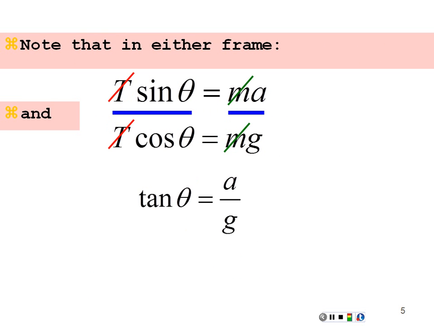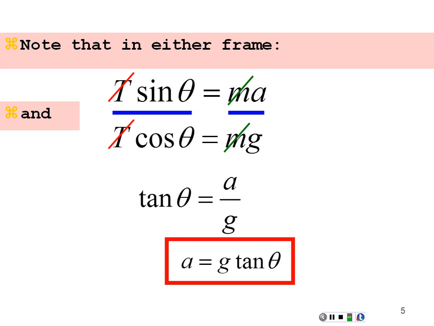So you would have tangent of theta is equal to acceleration divided by g, or your acceleration is equal to g tangent theta. Now, in one frame, you're making up a force, mass times acceleration. In the other frame, mass times acceleration is already determined by the acceleration of the boxcar. In either frame, the acceleration we're talking about is equal to g times the tangent of this angle theta from the vertical.